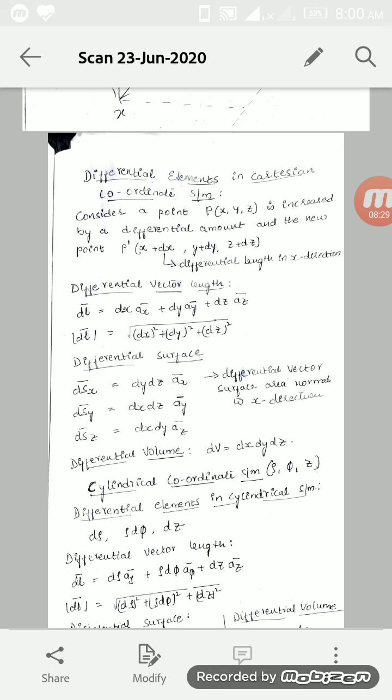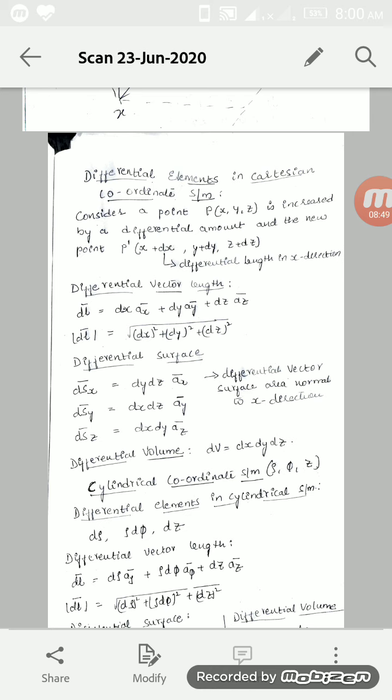That is how they do it in electromagnetic field theory: see the changes in a small area, then integrate over the complete area, from minus infinity to infinity, or from 0 to pi, or from 0 to 2 pi.